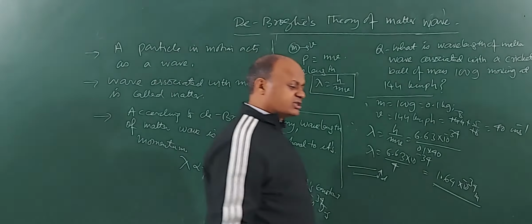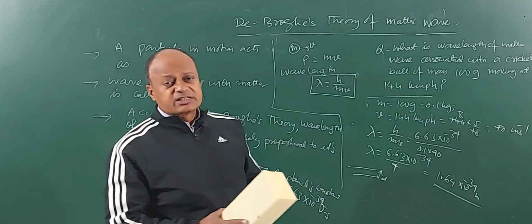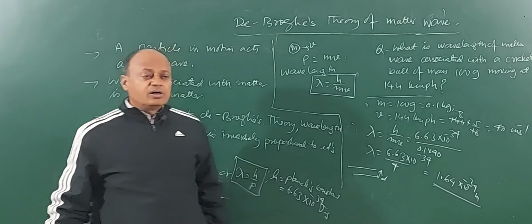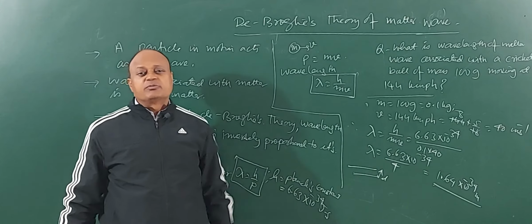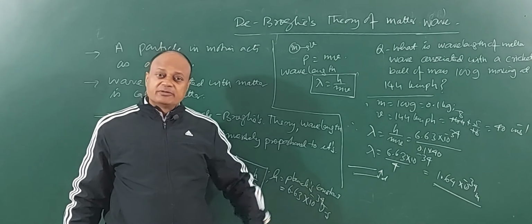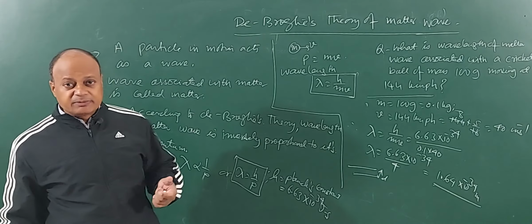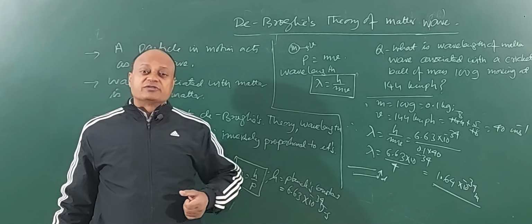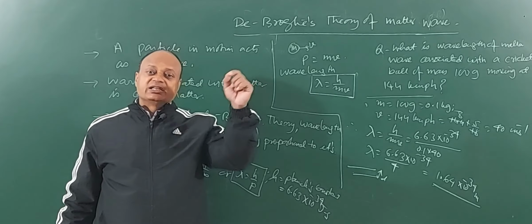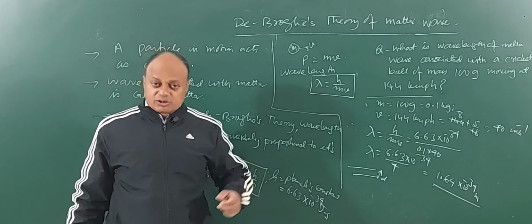Now many times when you are doing sums, they will not give you this direct value of velocity. So, you will not be able to calculate momentum directly. They will give you the value of kinetic energy. So, if kinetic energy is given, then what will you do? Or for that matter, if they give you a situation where an electron is accelerated through a potential difference and ask you to calculate the wavelength of the matter wave, how will you do it?